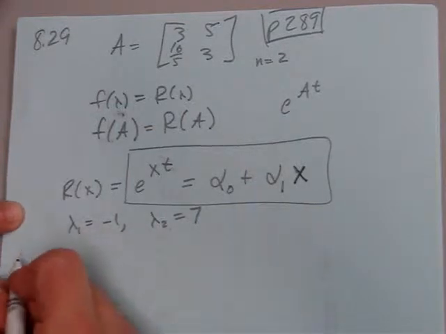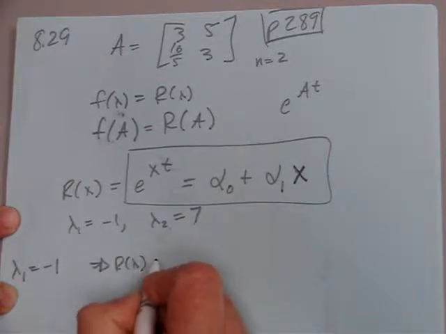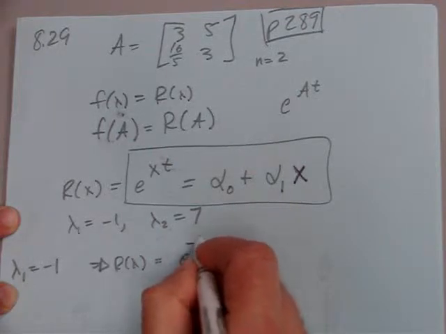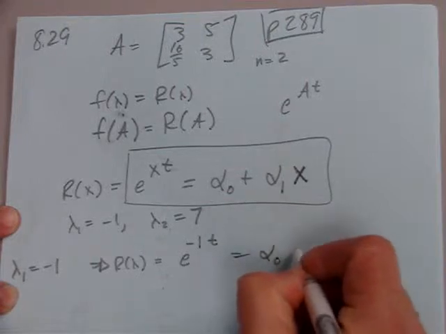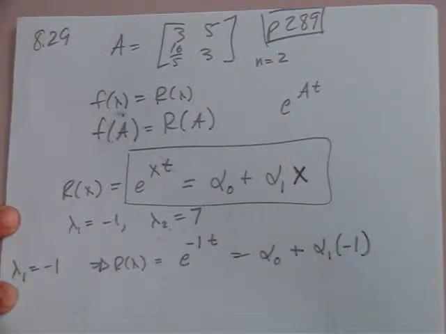So let's do it for lambda 1 equals -1. We'll say r of lambda is e to the lambda t, so e to the -1 t is equal to alpha 0 plus alpha 1 times lambda, which is again -1.